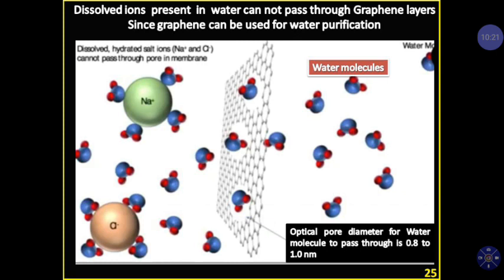Na plus and Cl minus ions, sodium cations and chloride anions, cannot pass through graphene layers. Only water molecules can pass through graphene layer. Like that, we can purify the ocean water and we get pure drinking water with help of this graphene.